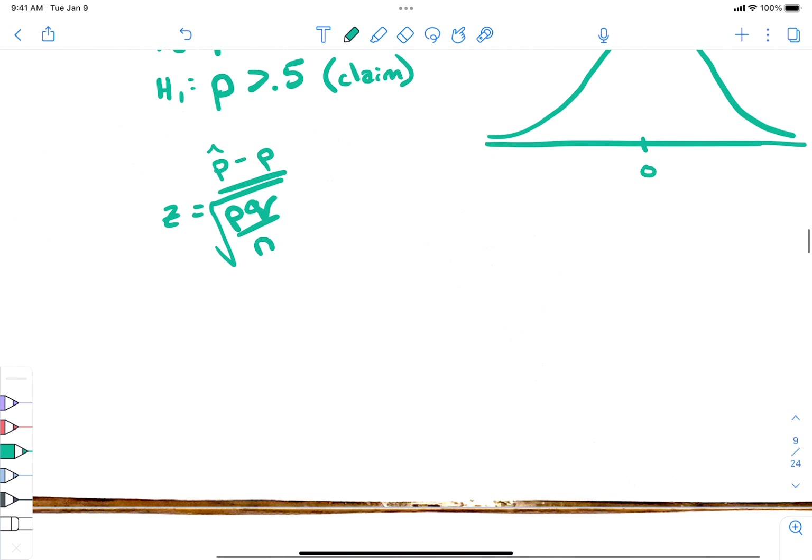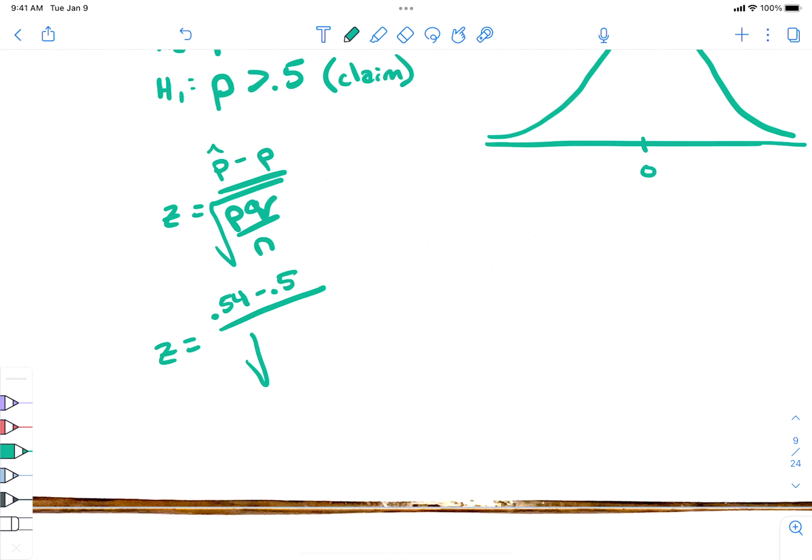All right, let's plop some numbers in here and let's see what we've got for a Z. Okay, which one was P hat again? 0.54 minus 0.5 over, we didn't calculate what Q was. What's Q going to be? 0.5 also. Okay, is this going to be a positive Z-score or a negative Z-score? How do you know positive?